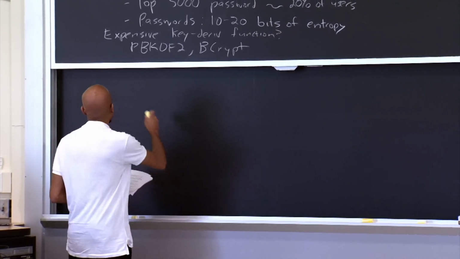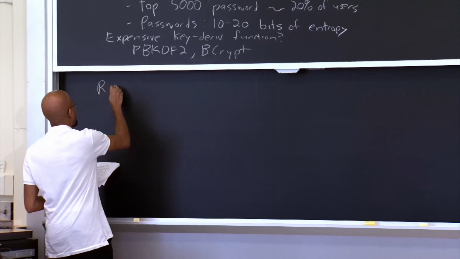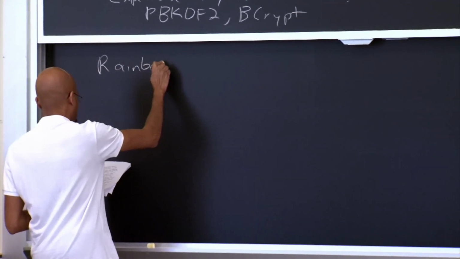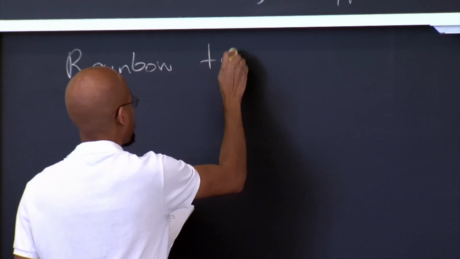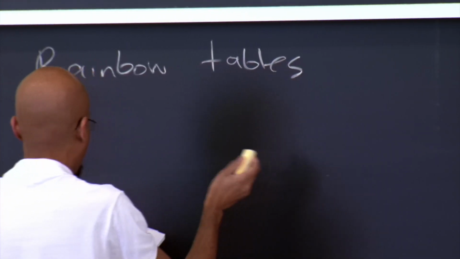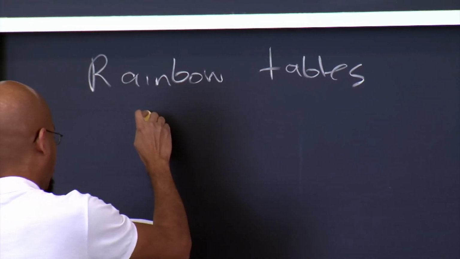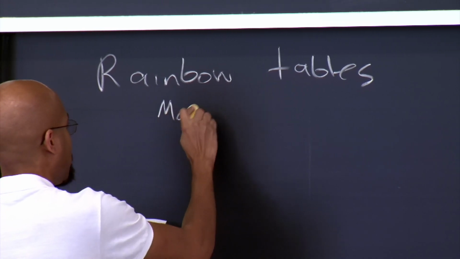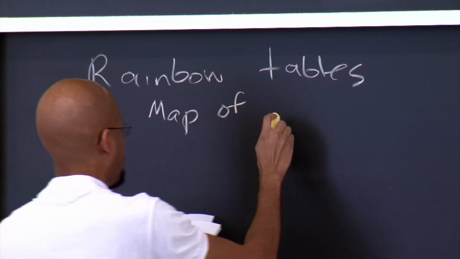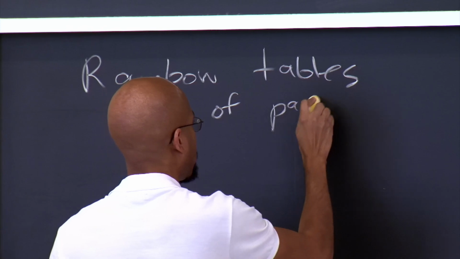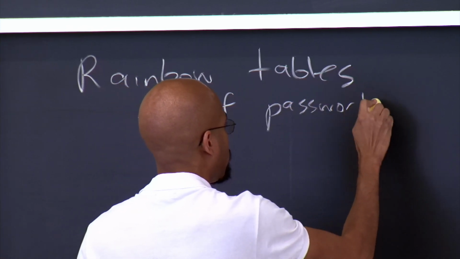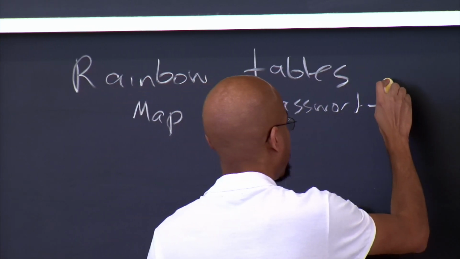So one problem is that the adversary can build something called rainbow tables. And so a rainbow table is basically just a map of password to hash values.